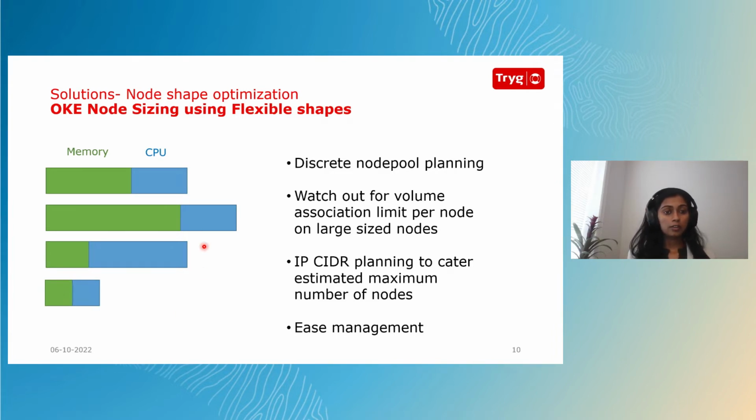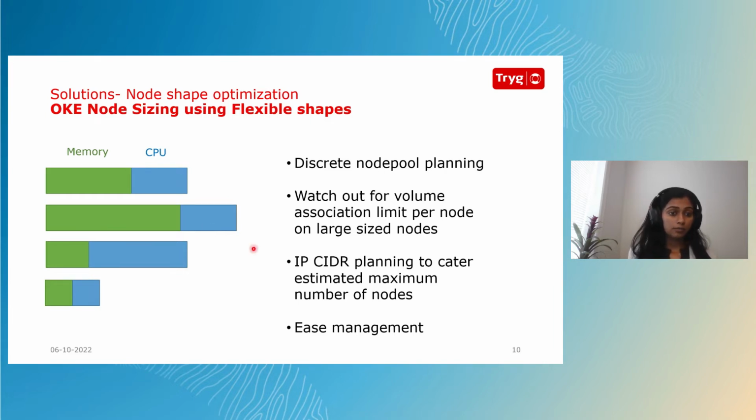So how about I deploy a very huge node with a large amount of memory and CPUs assigned to it, just a single node, and I force all my pods to be scheduled onto that node? There are a few limitations here. We can have a limited number of volumes attached to a single node, so we might run into that issue, and hence we'll have to watch out.